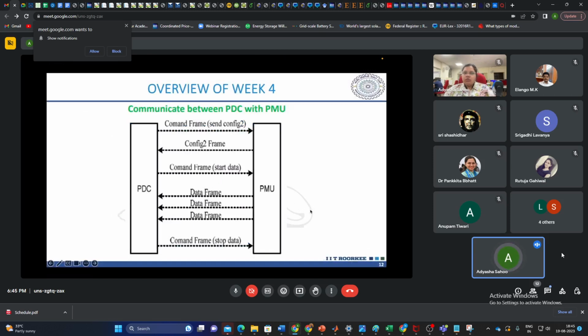So this is how the communication between a PMU and PDC takes place. Basically, the PDC will first ask in what format or what frame the data will be given, and the PMU will consider this request and send the format of the data that it is going to send. Then the PDC again will acknowledge that this is acceptable, and then the data will flow to the PDC, and when required, the PDC will send the stop data command to the PMUs.